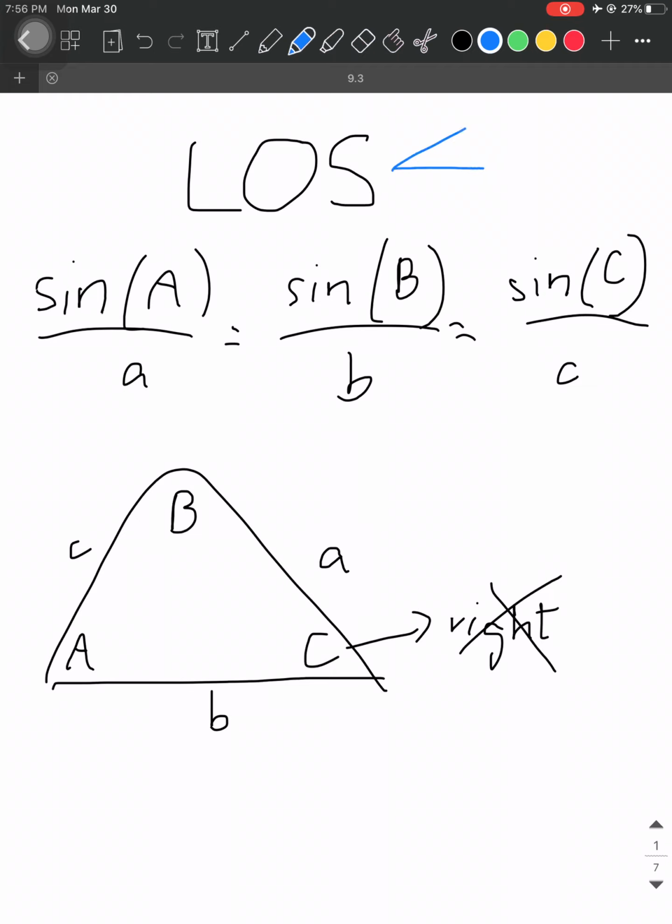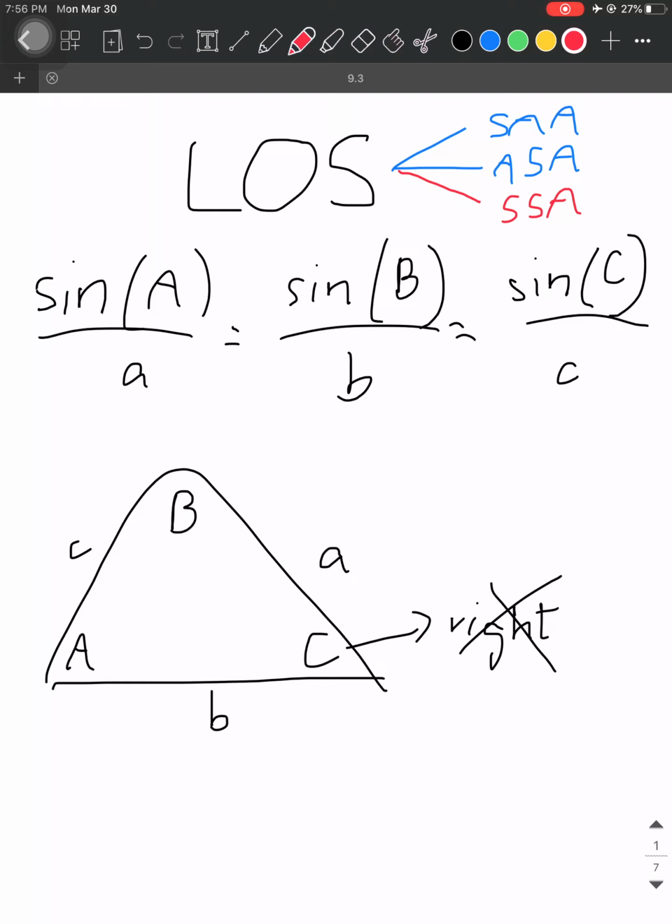And the last case is a little bit harder, so let me put it in red. It is SSA. Why do I say it's harder than the other two cases? Because for the last case, you never know if you have no solution, one solution, or two solutions.